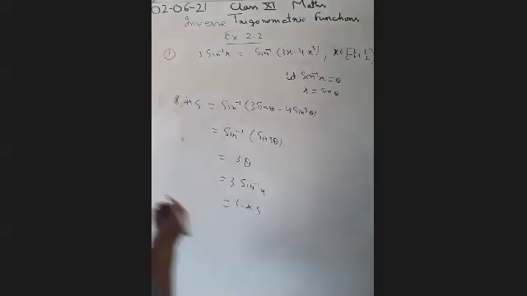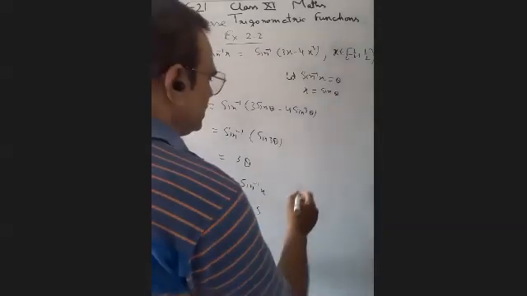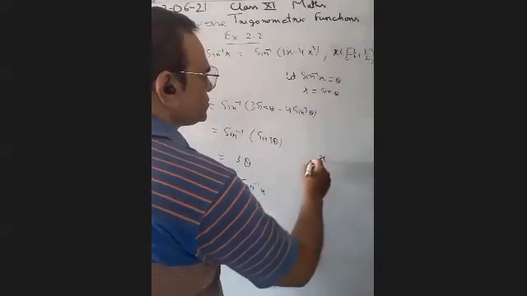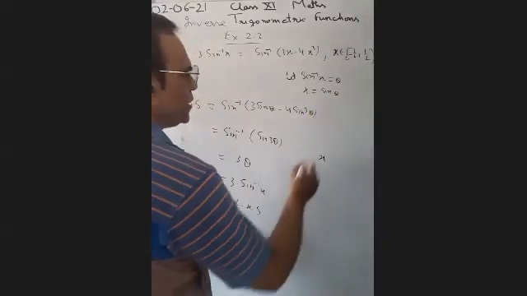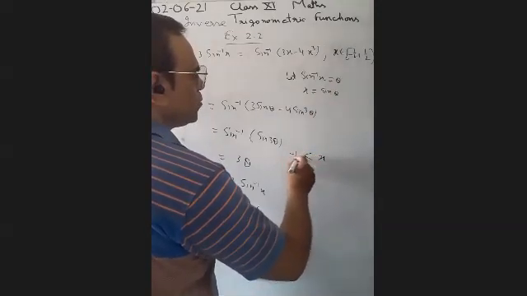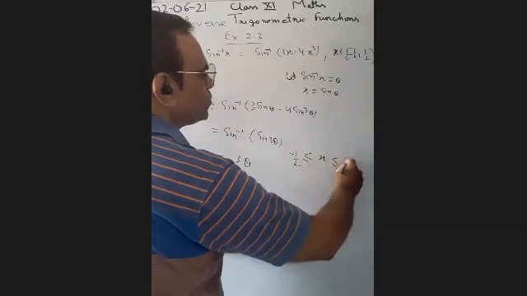They have given you the domain. Just see here, they have given you x belongs to minus 1 upon 2 to 1 upon 2.